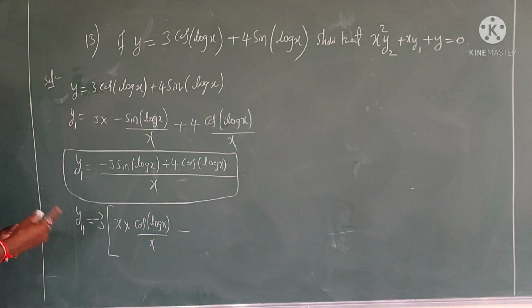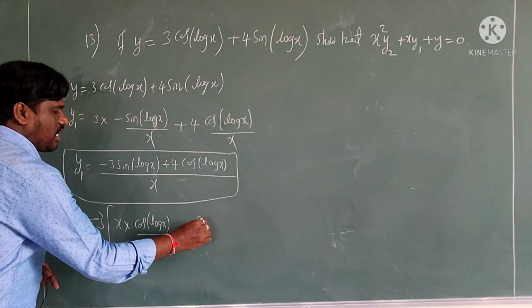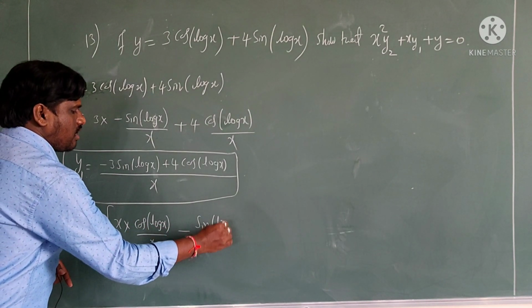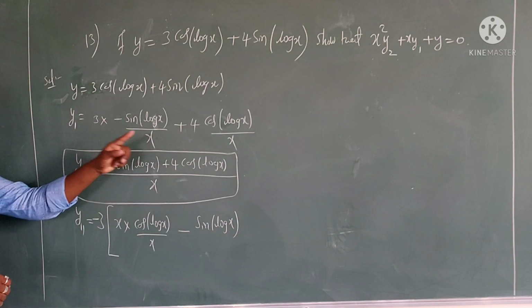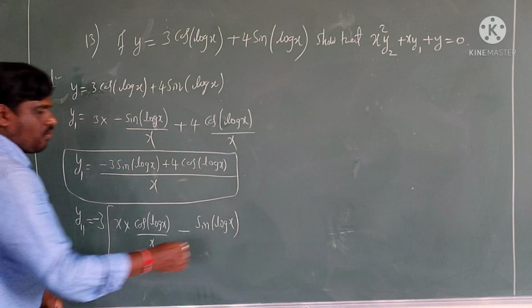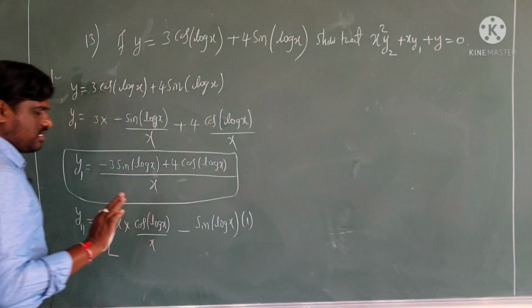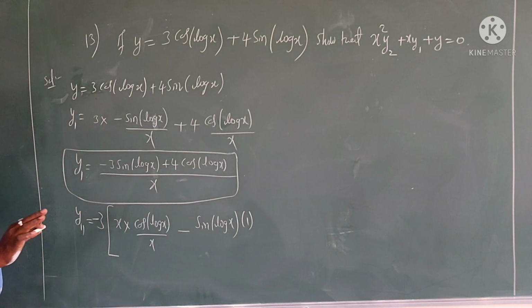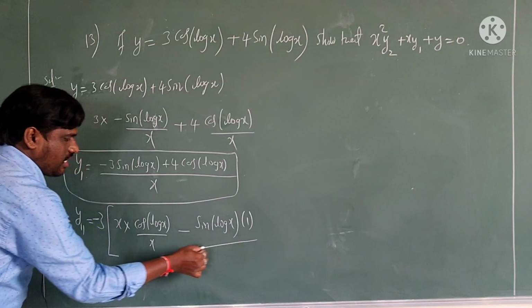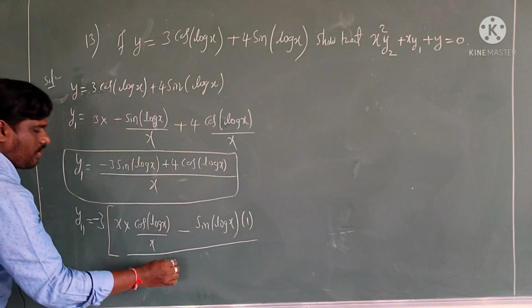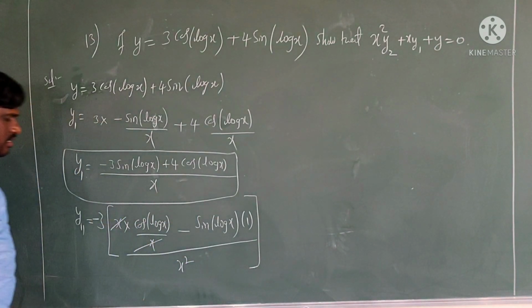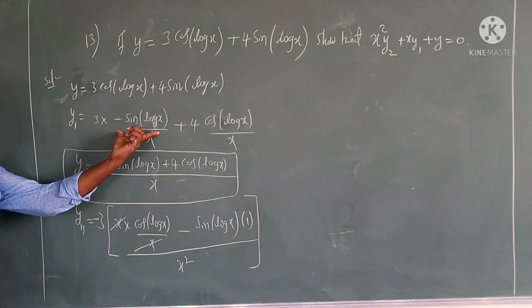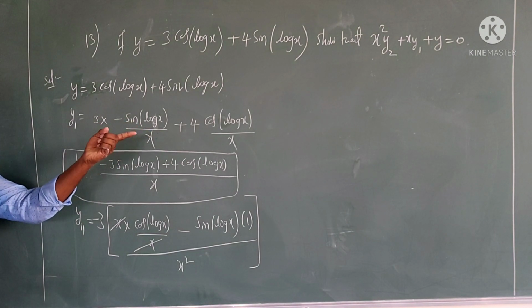Minus, next, sin log x, I keep u the same. Now I differentiate v. The differentiation of x is 1. Upon x squared. See here, this x and this x will be cancelled out. So this I got only for the first part.